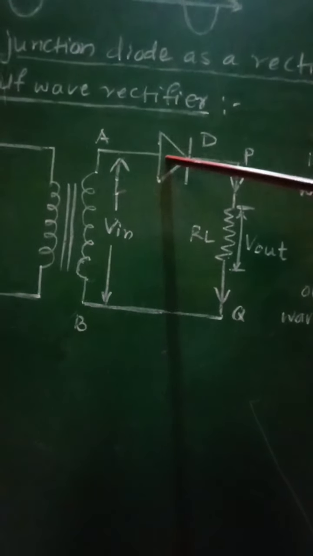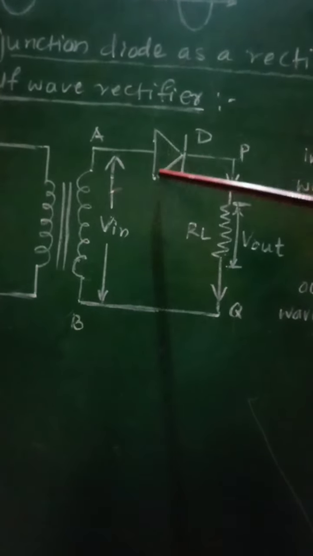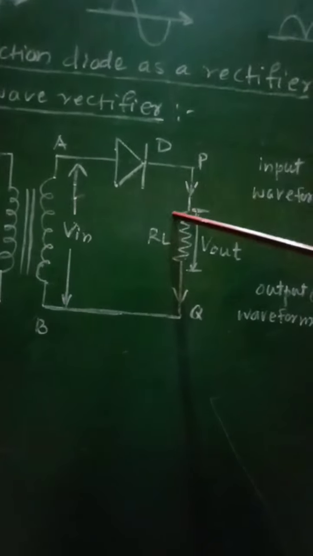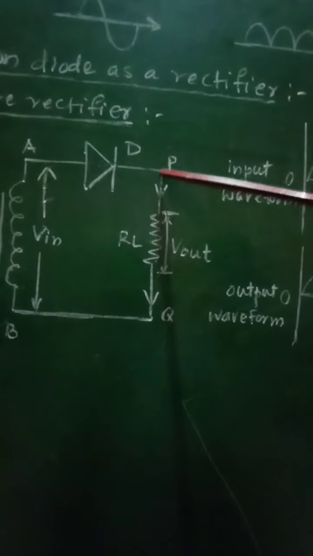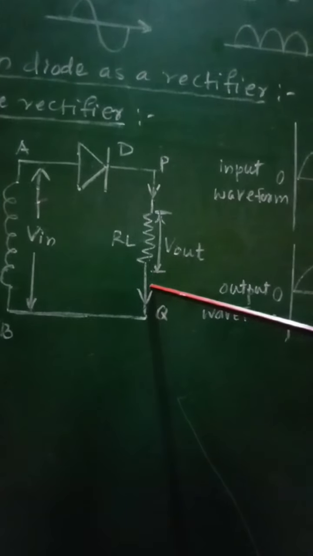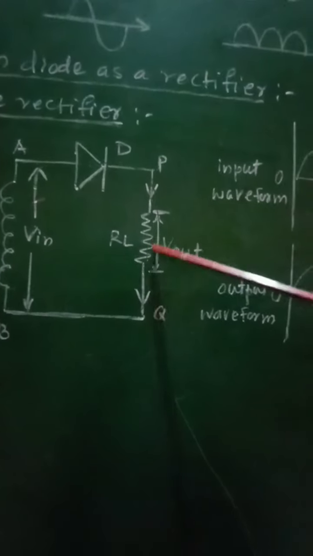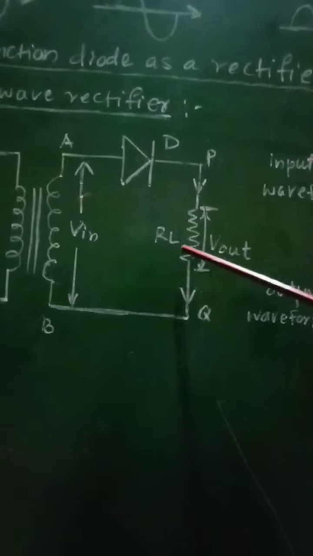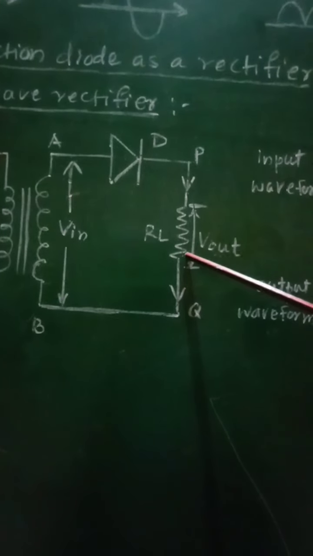And as this diode is forward biased, it will conduct current through the circuit. That current will flow through this load resistance RL from P to Q. And therefore, the output voltage V out will be obtained across this load resistance RL.